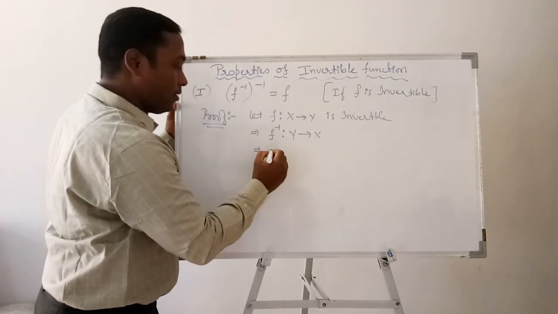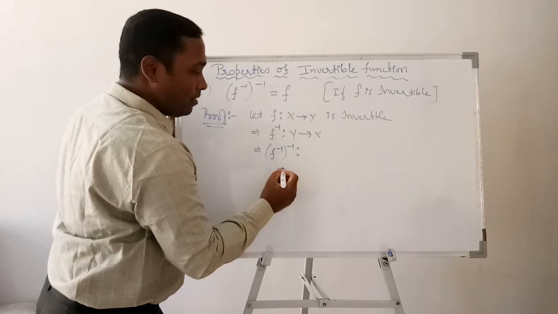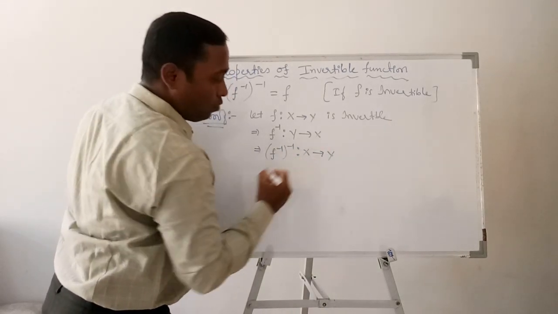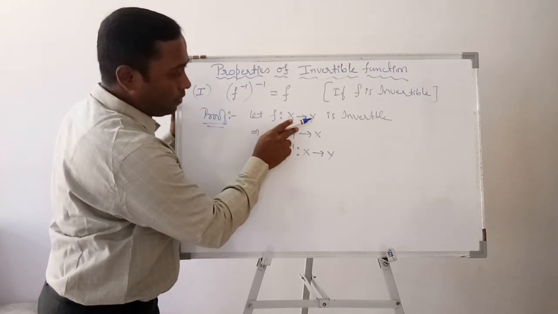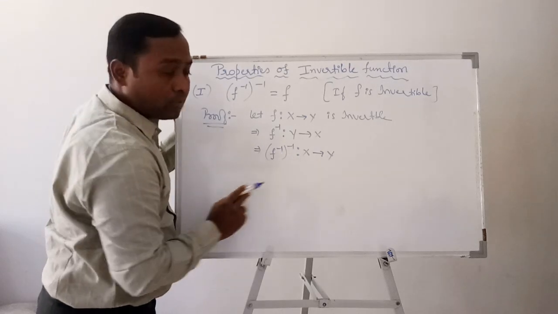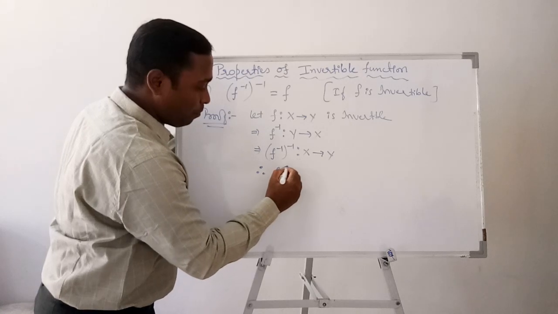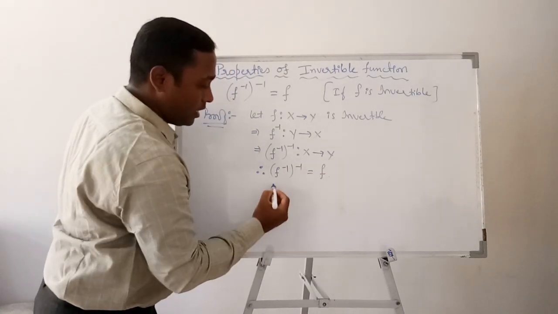It also implies that the inverse of the inverse is defined from X to Y again. So f is a function defined from X to Y, and the inverse of the inverse is also defined from the same X to Y. So they coincide. Therefore the inverse of the inverse of f is the function itself.